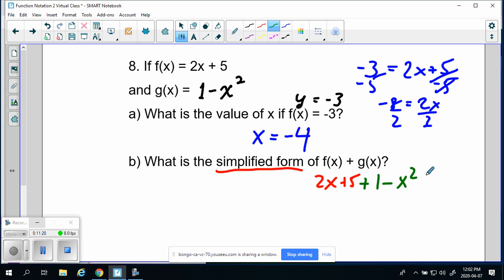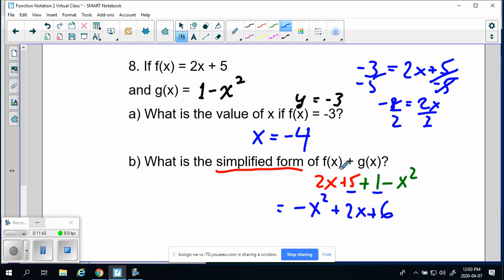Now, normally I would do this in brackets, but because it's a plus, those brackets don't matter. If it was a minus, those brackets would matter a whole lot. And if I simplify this by combining like terms, I'm going to end up with negative x squared plus 2x plus 6. So you're literally just adding them because they didn't give you any numbers to put in.